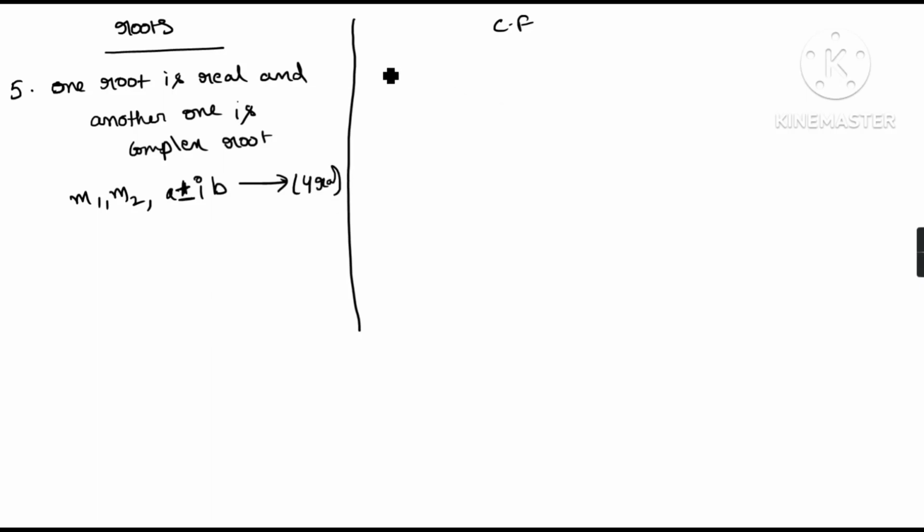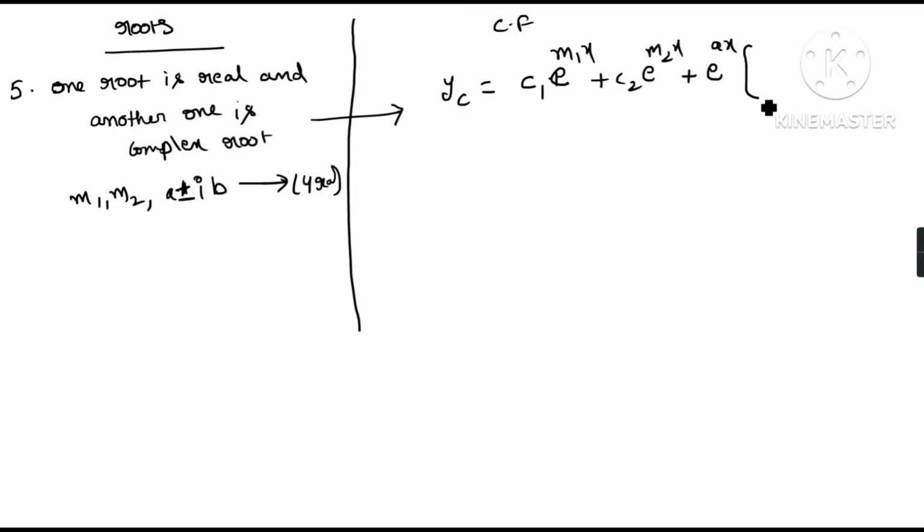So how to write the complementary function? Here yc equals c1, for real root I am taking here real and different roots, so c1 e power m1x plus c2 into e power m2x. For the complex root you have to take e power ax into, already c1, c2 done, so (c3 cos bx plus c4 sin bx).